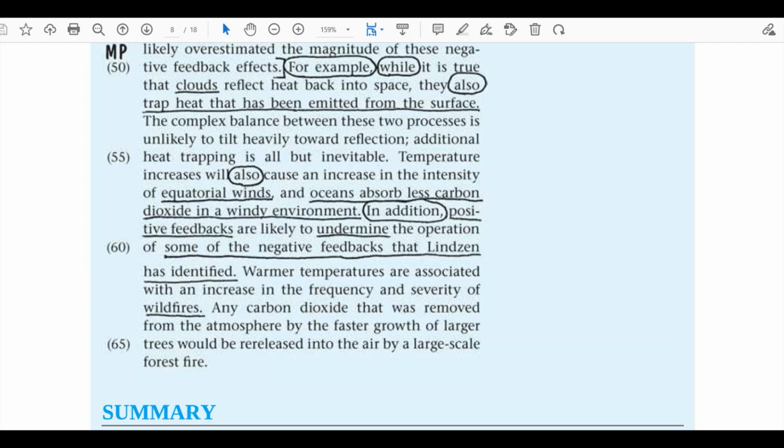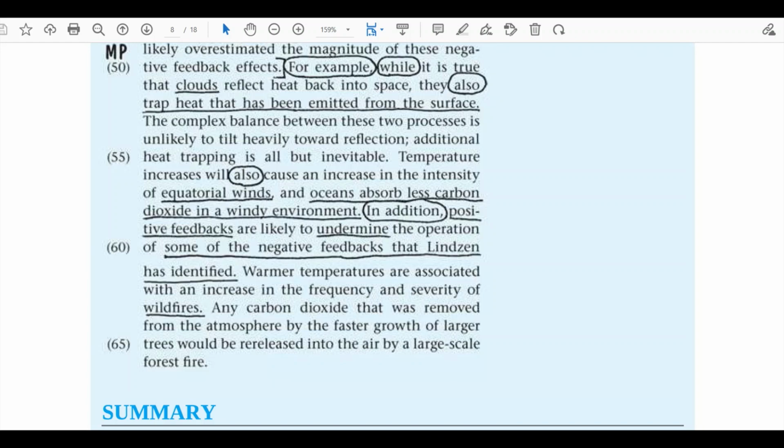In addition, positive feedbacks are likely to undermine the operation of some of the negative feedbacks that Lindzen has identified. Warmer temperatures are associated with an increase in the frequency and severity of wildfires. Any carbon dioxide that was removed from the atmosphere by the faster growth of larger trees would be released into the air by a large-scale forest fire.